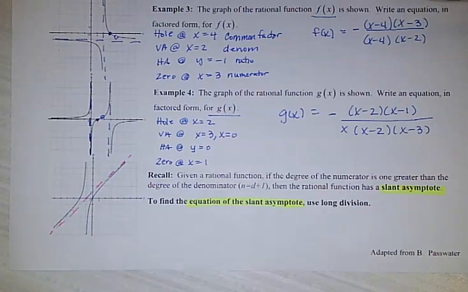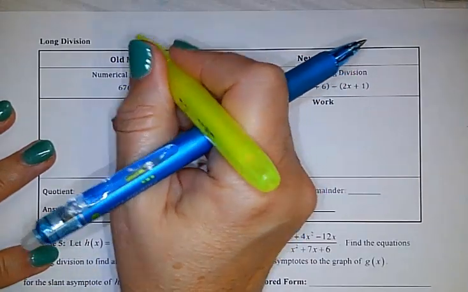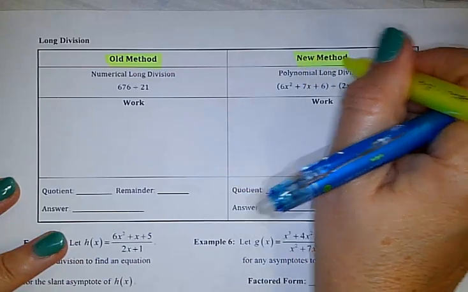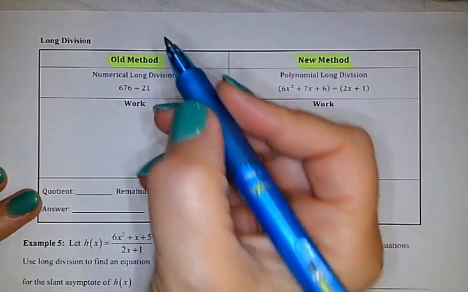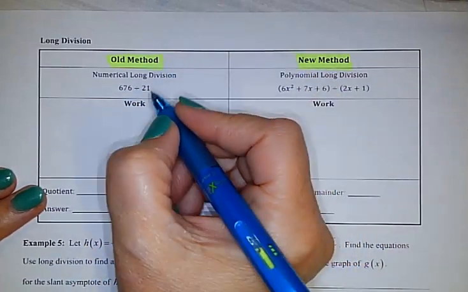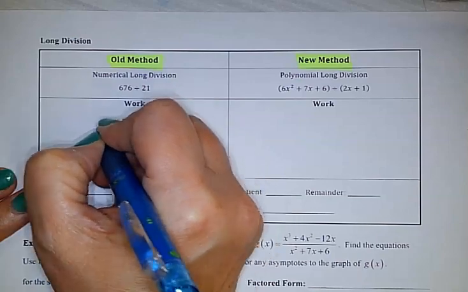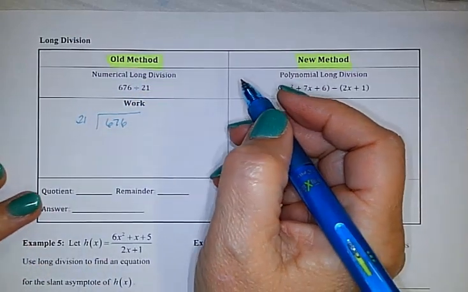Okay, so this is what we're going to work on finding, this slant asymptote, the actual equation. So just reviewing, and when I say old method here, I just mean this is the numerical version you learned in elementary school, and this is what it's going to look like when we start putting the letters in that you learned about in Algebra 2. So for instance, if this is my problem, the front number is going to go inside the division box, and the number you're dividing by is going to be outside, and then you would do the division.